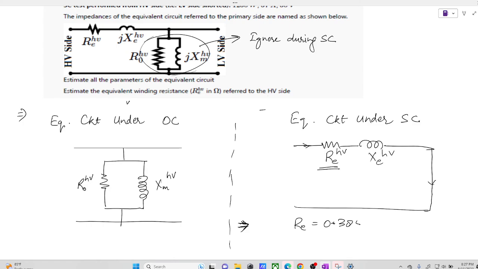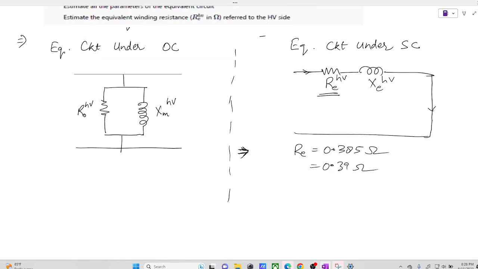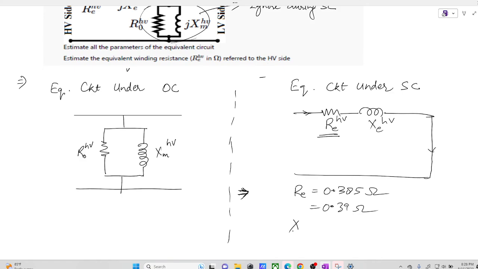It's 0.385 ohms, or you may write it simply as 0.39 ohms. What about XE? 0.79. 0.78 ohms. Okay.